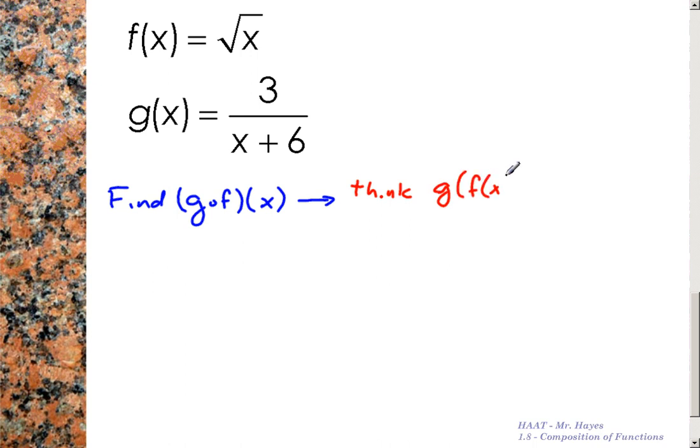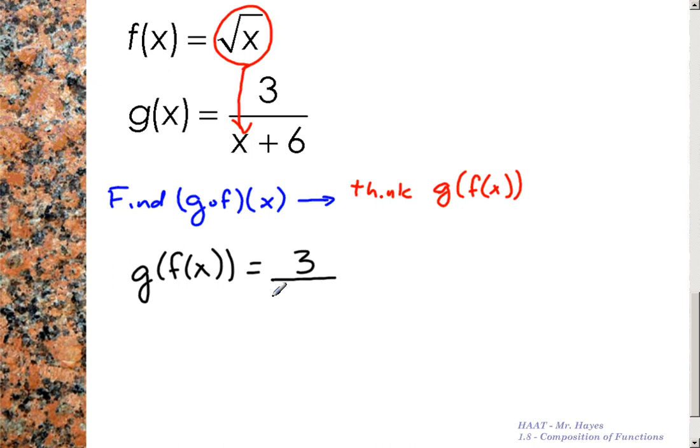So x is being plugged into f, which is being plugged into g. So that means that this is going right there. So that means that g of f of x really is going to be 3, and in the place of the x, I'm going to have the square root of x plus 6.